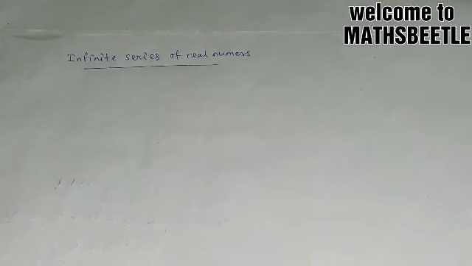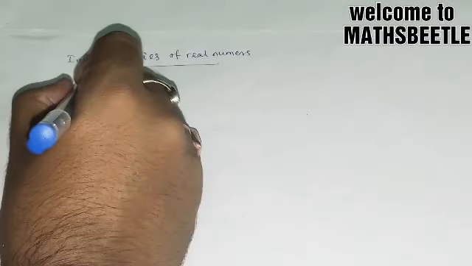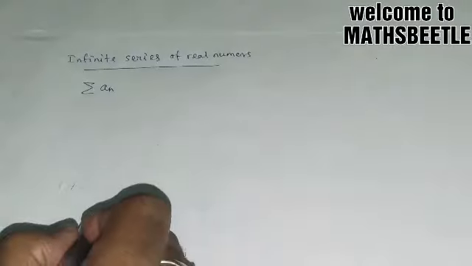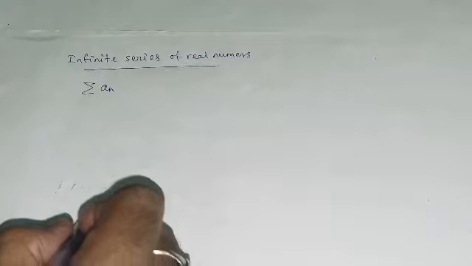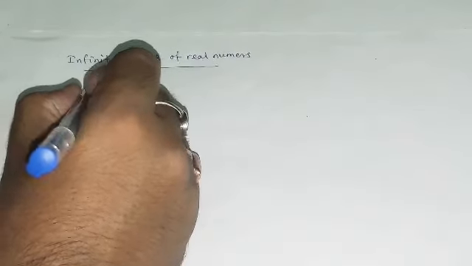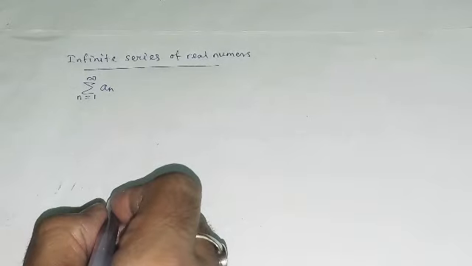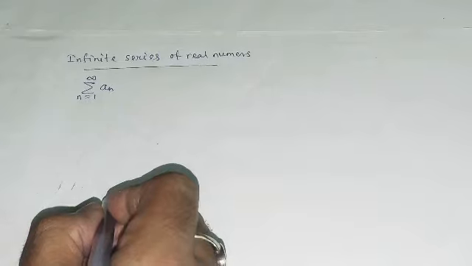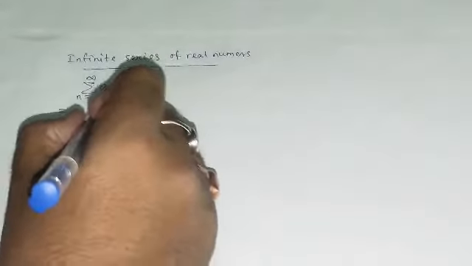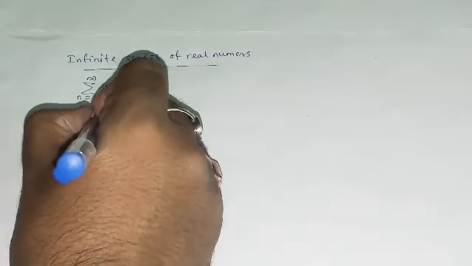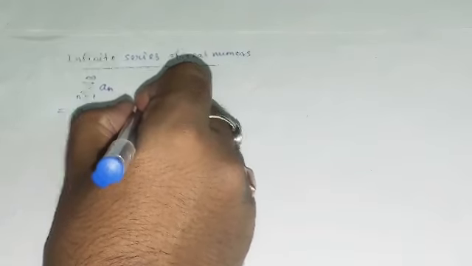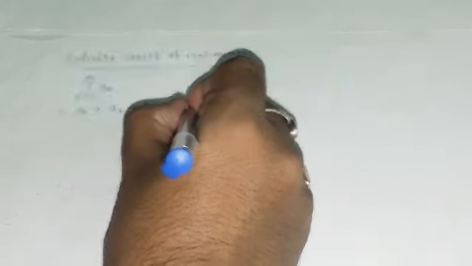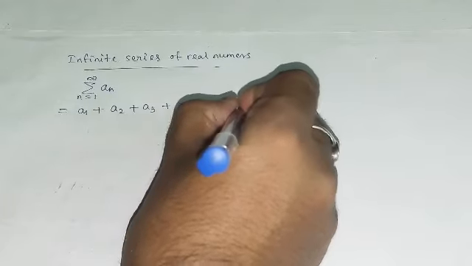First of all, you should be familiar with this symbol, summation an, from n equals 1 to infinity, and here an is the nth term of our series. If you write it in explicit form, it will be a1 plus a2 plus so on up to an plus so on up to infinity.